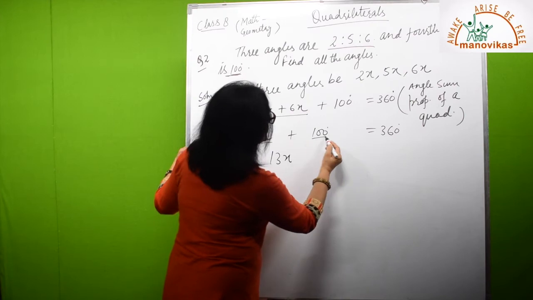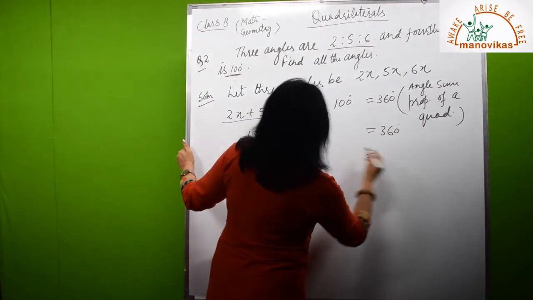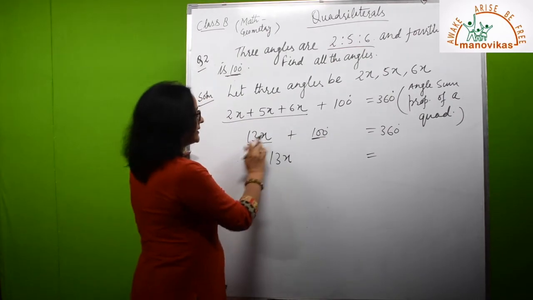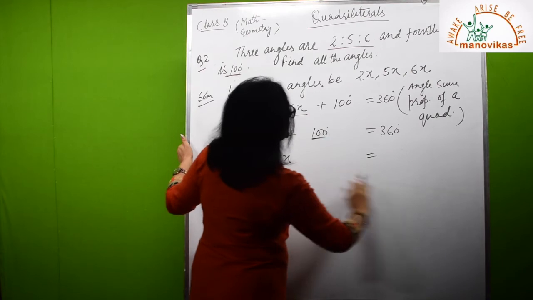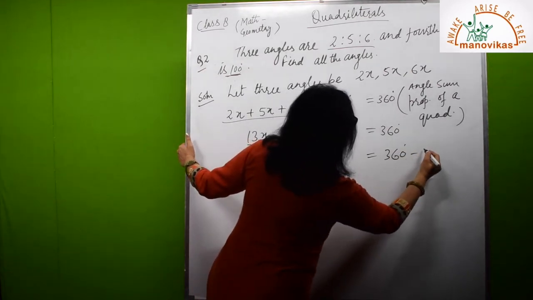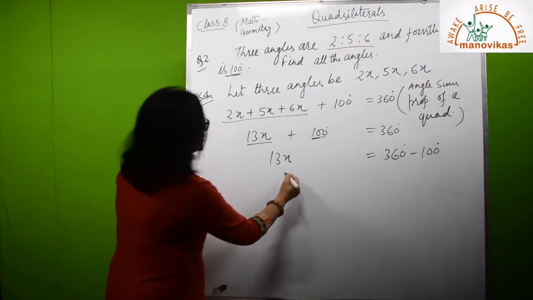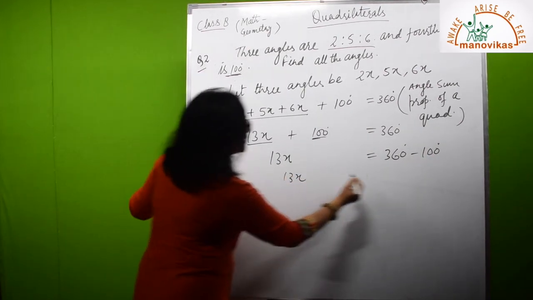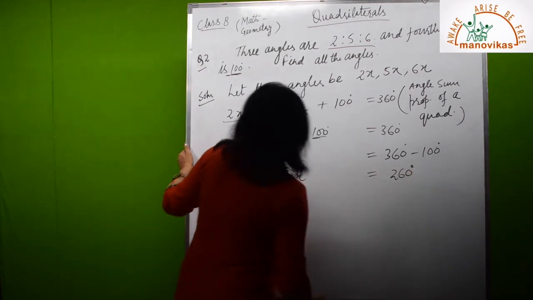Now first you will transpose this 100 degrees to the right-hand side. Because between 100 and 13x there is a plus, it will go in subtraction with 360 degrees. So 360 minus 100 degrees. This way you get 13x equal to 260 degrees.